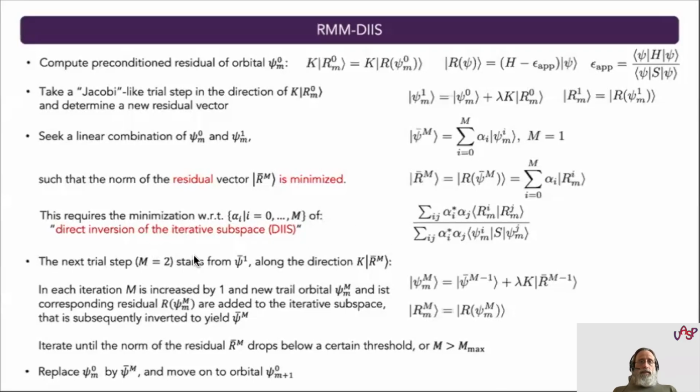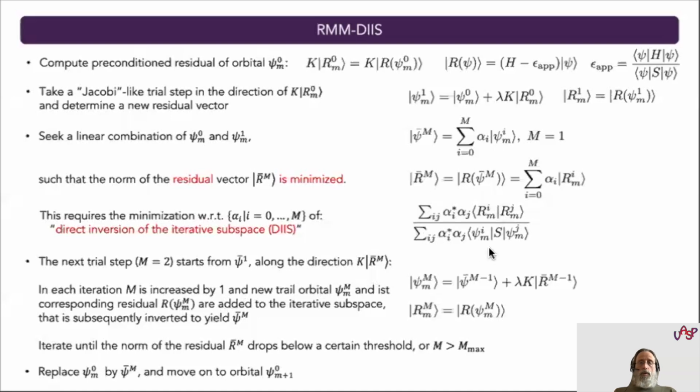Now, once we've done that, the second trial step, M2, starts from psi bar 1 along the direction of this residual that we have minimized. And with each iteration, M is increased by 1, and we add a new trial orbital and its corresponding residual to the iterative subspace.